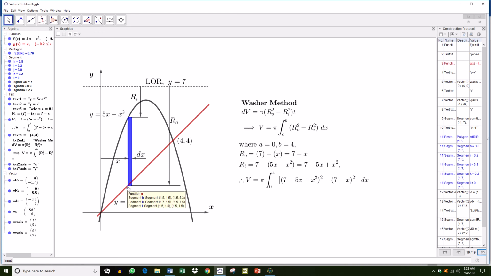So 7 minus x is R_o. And R_i is top minus bottom. Top has a y value of 7, and the bottom has a y value of 5x minus x squared. That's it. Plug and chug.